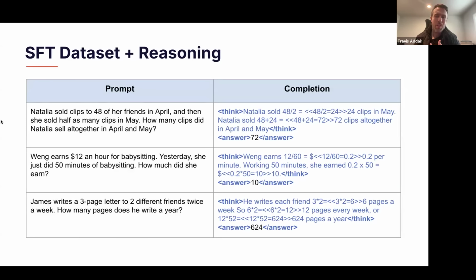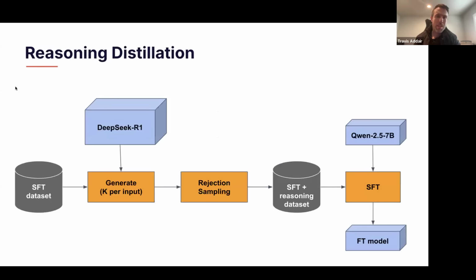And then that leads you to the question, well, how do I actually get good reasoning data in the first place? So one technique that you can use is called reasoning distillation. This was also a technique that they used in the R1 process for training R1 and also the R1 distillations, where you take a supervised fine-tuning data set like the one we showed previously, and then you ask a strong reasoning model like R1 to generate a bunch of different candidate solutions to each question, including the reasoning traces.